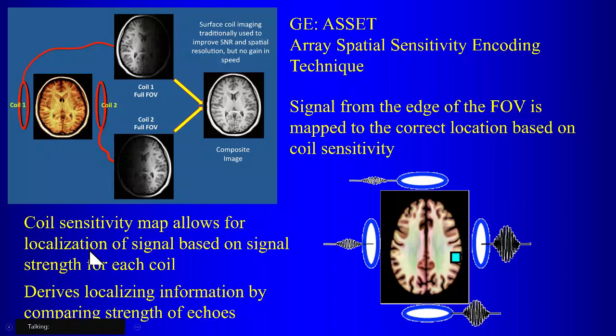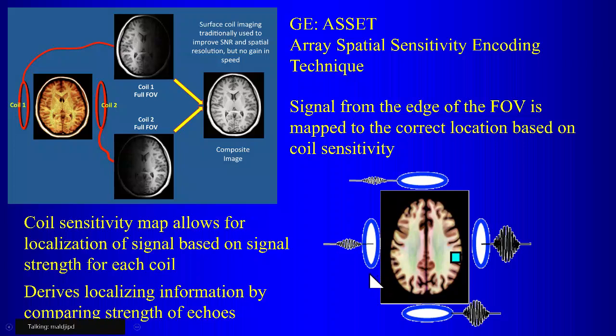You can have what's called a coil sensitivity map. So this pixel out here is going to generate higher signal in this coil than it will in this coil. And that is a way of localizing it to this side of the anatomy instead of the other side to avoid the wrap.